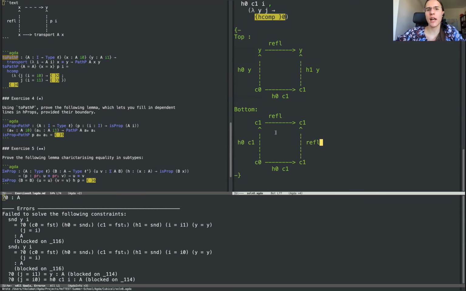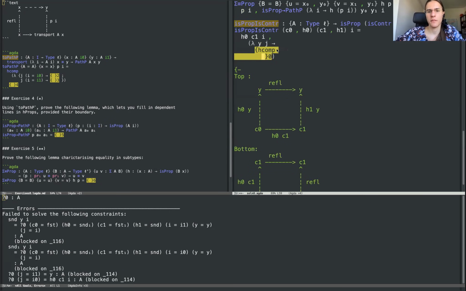So how do I parameterize the square at the bottom? Well, first off, I'm going to do an H comp.